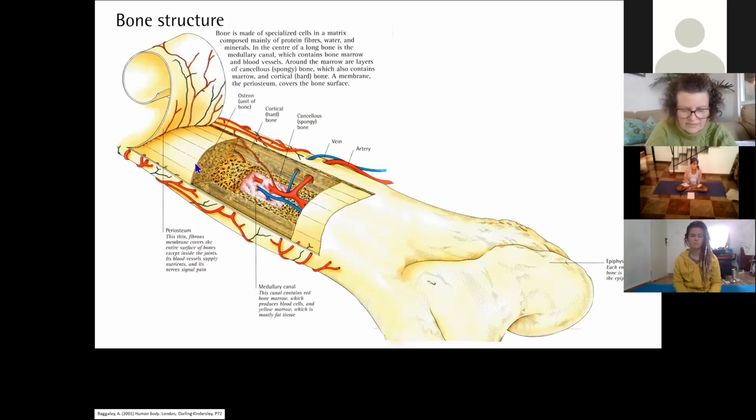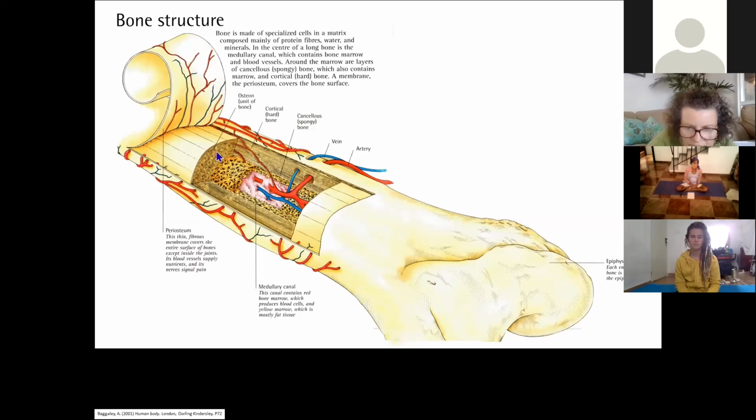What's interesting about bony architecture is that bones lay down more bone depending on what sort of forces we put through them. So if there are a lot of forces coming through a bone, like at the head of the femur, then you may get more trabecular bone.